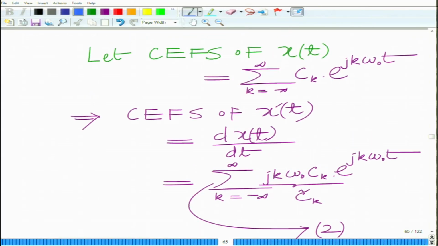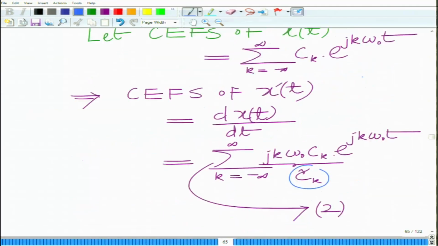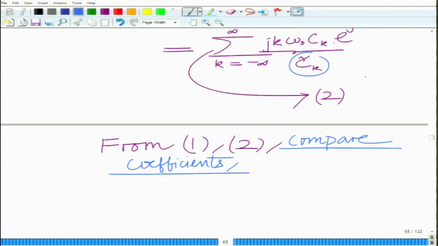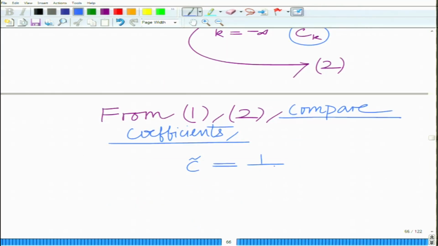So, comparing the coefficients, we have that this coefficient c tilde k must be equal to the coefficient of e raised to j (2m plus 1) omega naught t, or in other words, we must have c tilde k equals the coefficient of e raised to j k omega naught t, which is nothing but 1 over j pi times 1 over 2m plus 1.